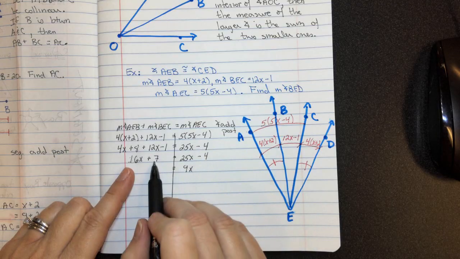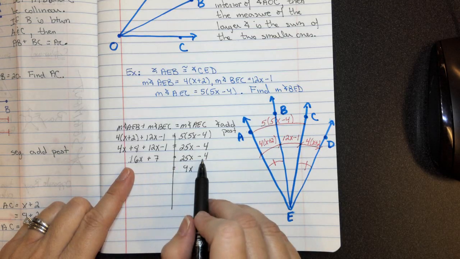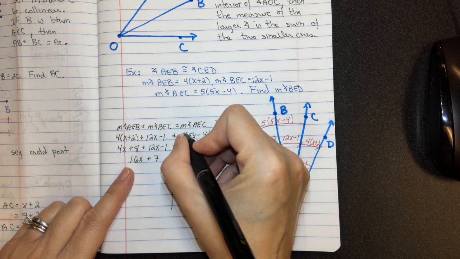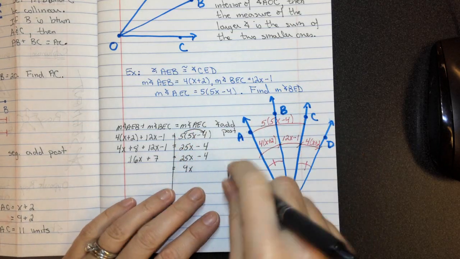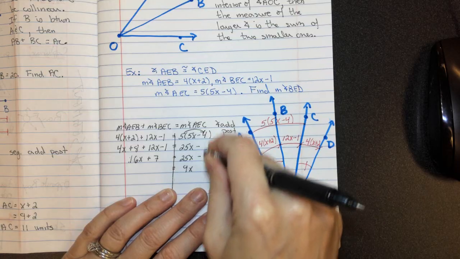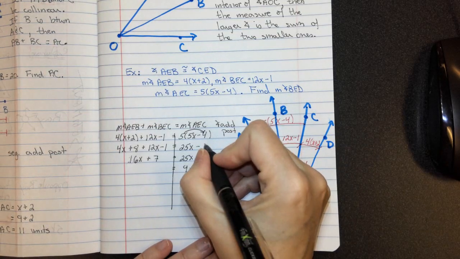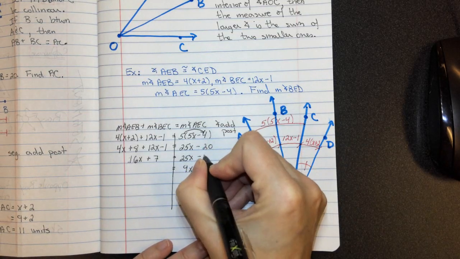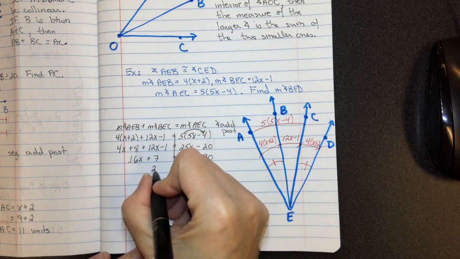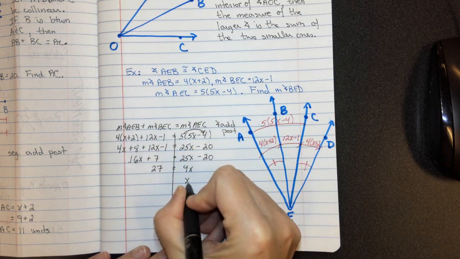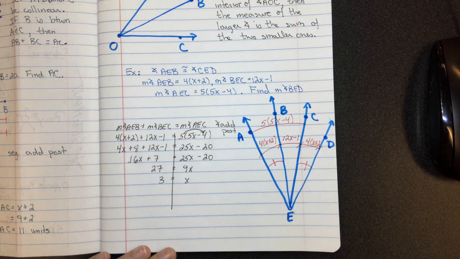I'm going to move the 4 this direction. Sorry, what else did I do wrong? Okay, so this is going to happen quite a bit where you'll forget to distribute. So make sure you do that. Okay, moving the 20 this way, 27, x equals 3.